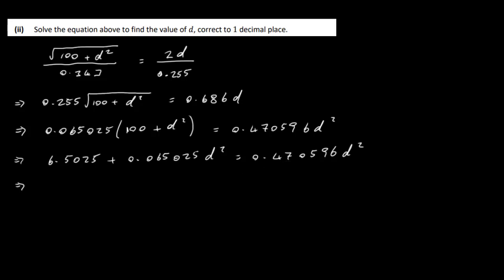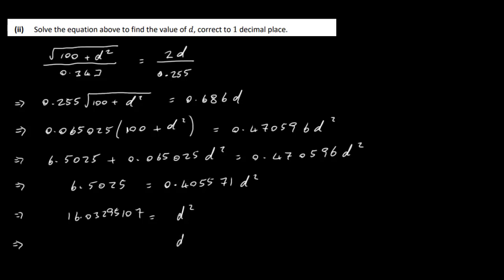Let's bring this one over here. So 6.5025 is equal to, we've got to subtract these two, so on the right hand side I should end up with 0.405571 d squared. Divide across, so d squared is equal to 16.03295107.